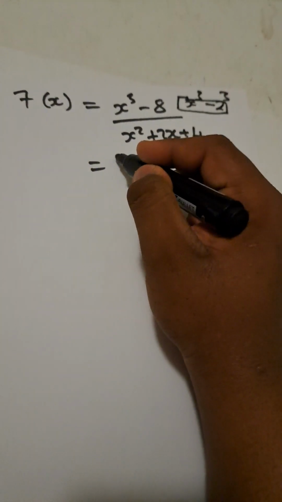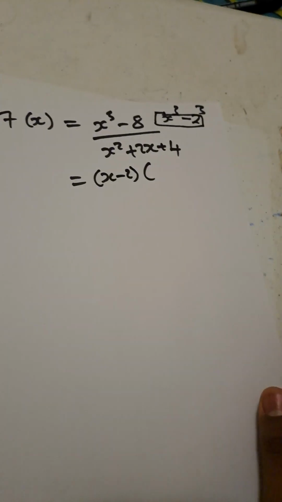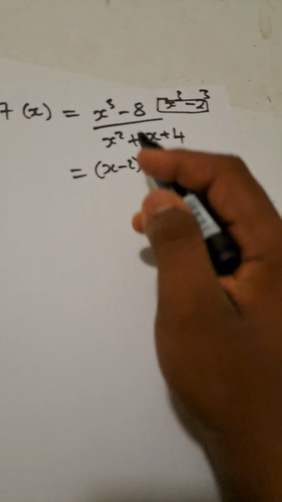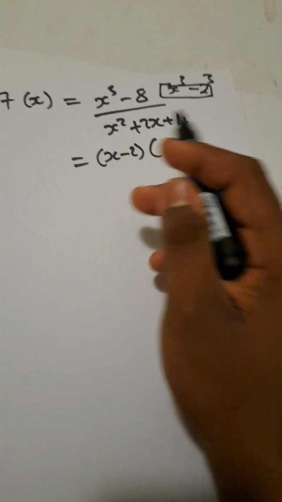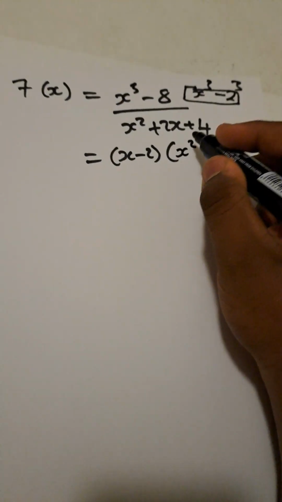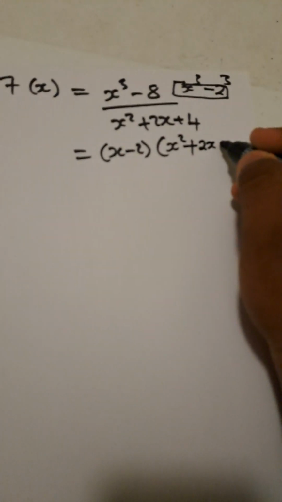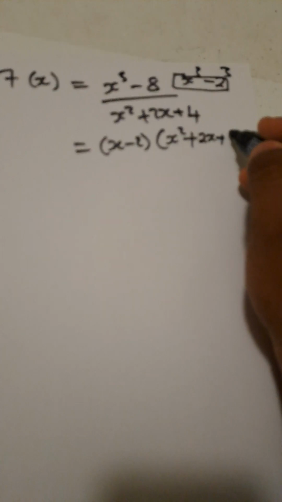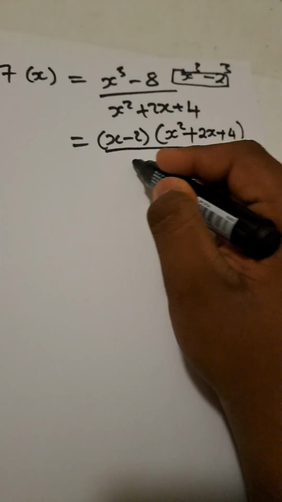The cube root of 8 is 2, so I have x cubed minus 2 cubed. I put it in brackets: the cube root of x cubed is x, and inside the bracket the first term squared is x squared, then the first term times the last term with the sign changed, which is plus 2x, then plus the last term squared, which is 4, over x squared plus 2x plus 4.